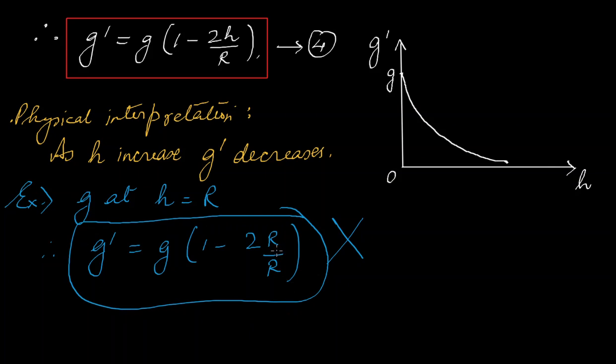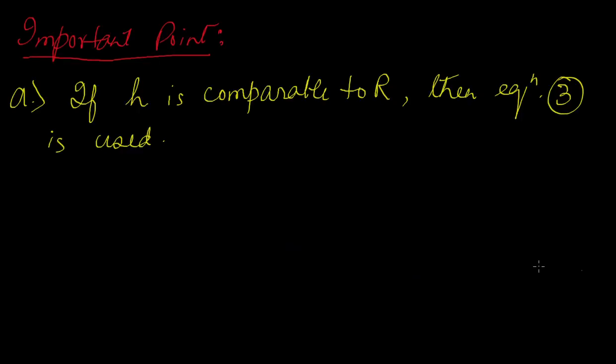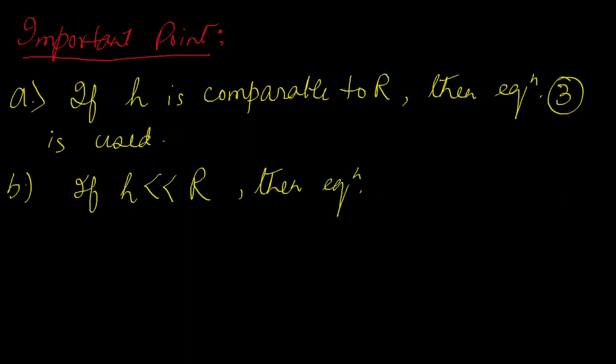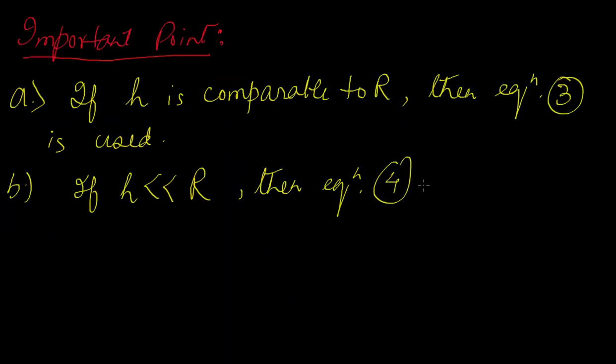Only if H is very small compared to R. So let me write down that condition B. If H is very small compared to R, then equation 4 is used.